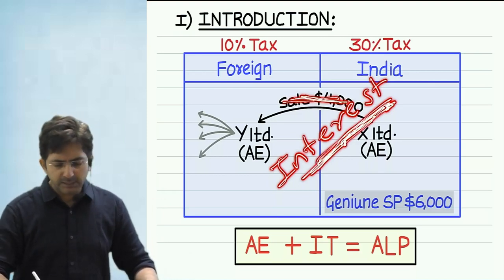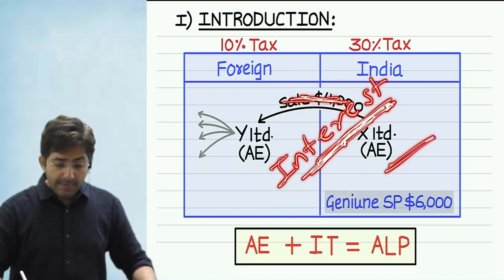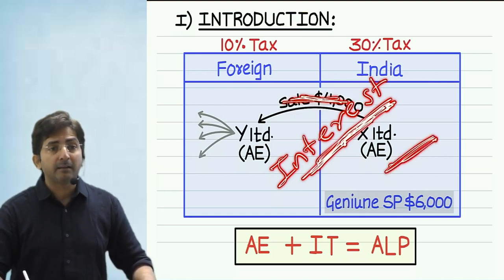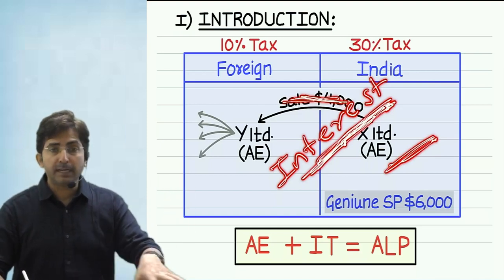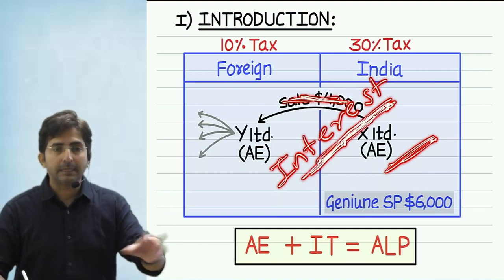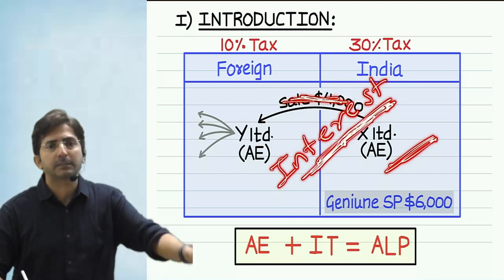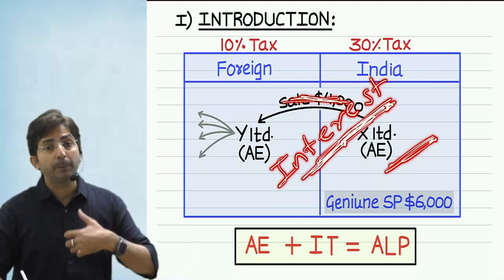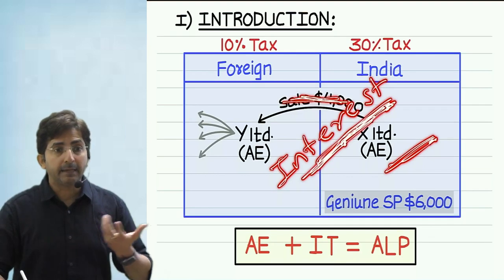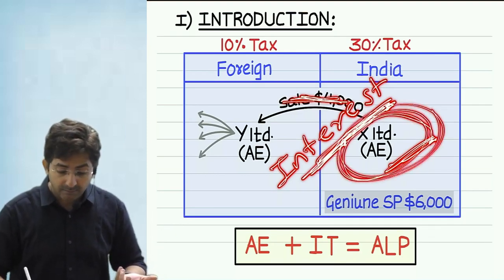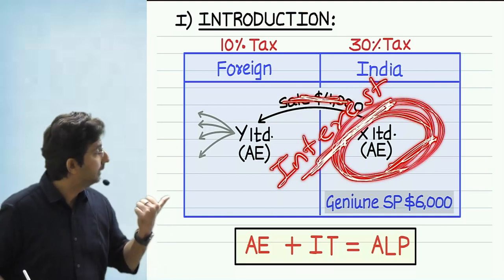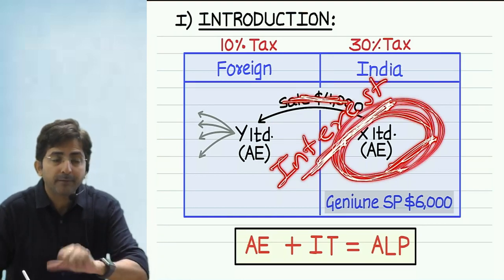So tell me how this cheating can be done. X Limited will pay interest at a higher rate. Means the rate of interest in the market is say 10%, but it will pay 25%. Purposely it will pay higher interest to Y Limited, because if it can show more expenditure, it will reduce the profit.